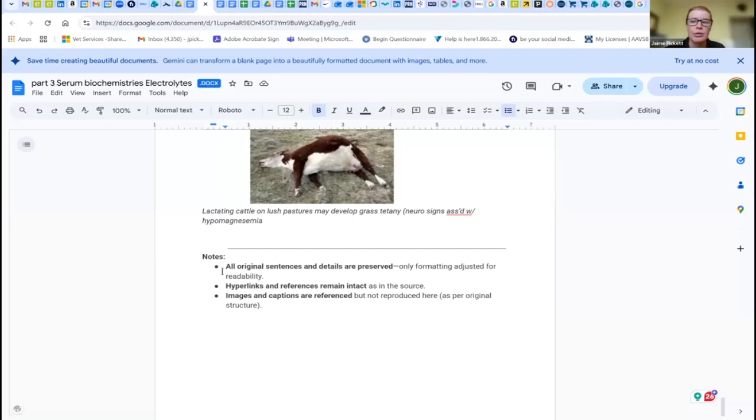The key is to look not only at the numbers, and I can't emphasize it enough, and you'll hear me say this in other lectures, but how they move in relation to each other, in patterns. So if you can recognize these patterns, you'll catch life-threatening imbalances quickly and guide treatment far more effectively. Electrolytes really are the most powerful immediate clues in the clinical chemistry panel.